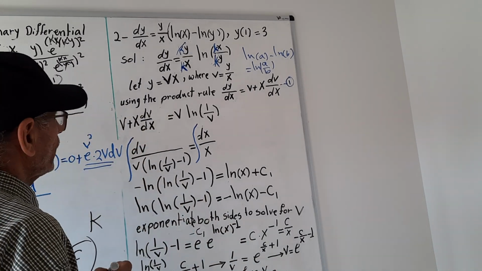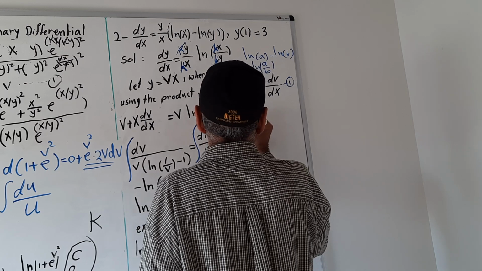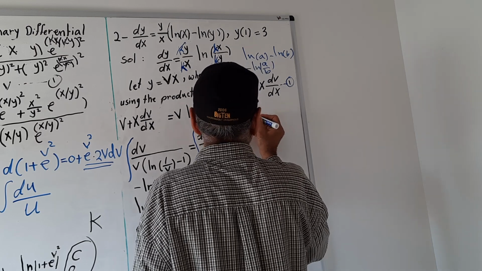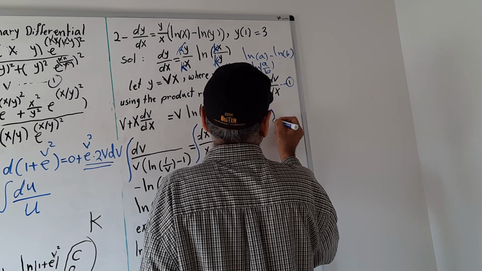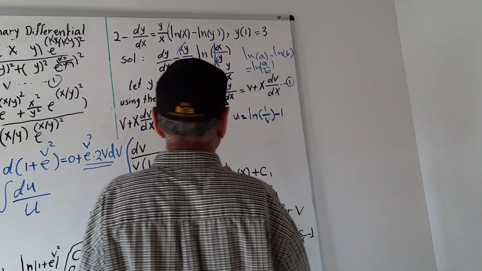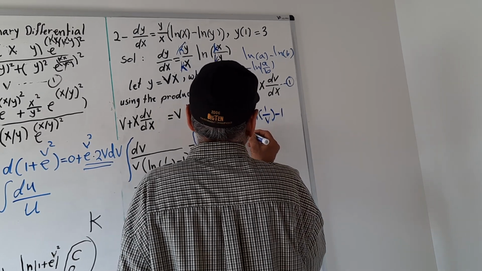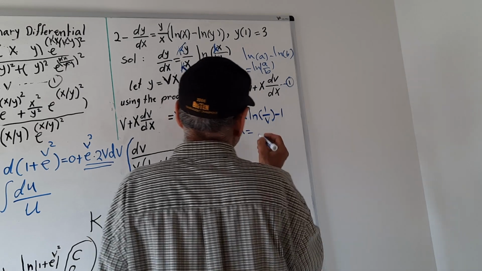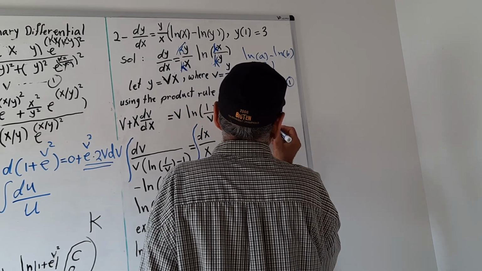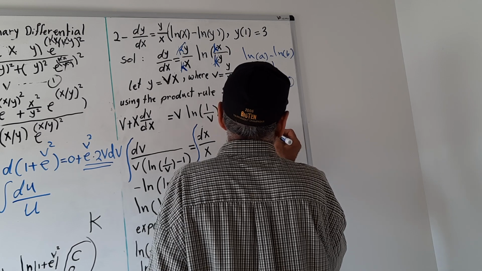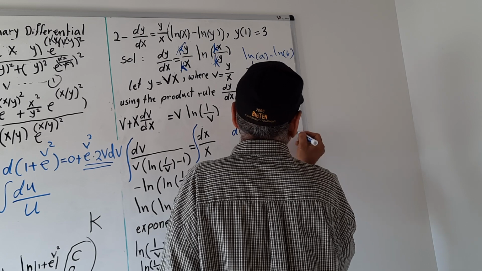Just a quick note on how we did it. So let u equal ln of 1 over v minus 1, and du equals 1 over v minus 1 times minus dv.